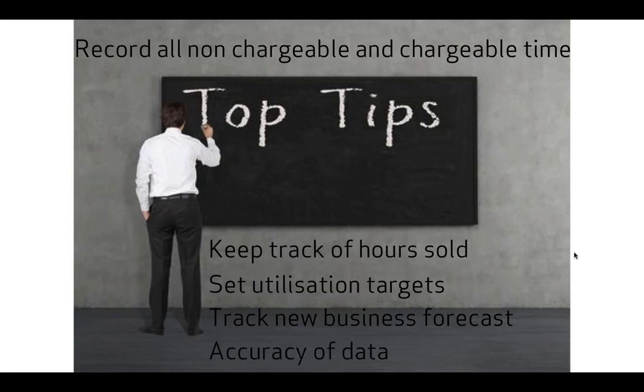Okay, and then finally, accuracy of data. So having accurate data is so key, and also, if you do have it all in one place, this is a really good thing to help reduce error. So having everything all in one place. So if you're doing your estimating all in one system, and then you're scheduling from those estimated hours, and then from those estimated hours, the guys are being allocated the hours.